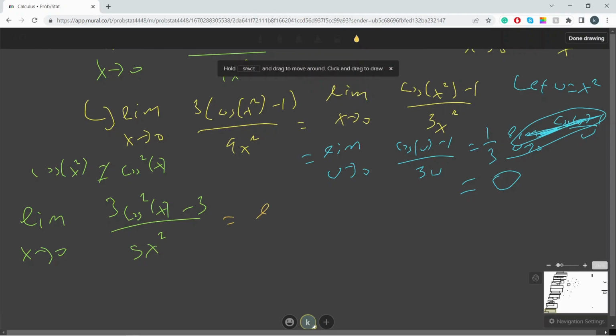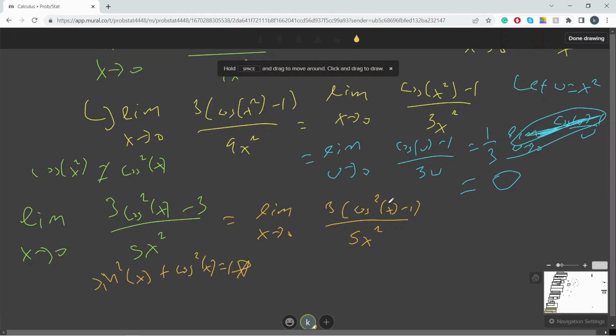Okay, so this is going to be the limit as x approaches 0 of 3 times cosine squared x minus 1 over 5x squared. And then you're going to see here, what is cosine squared x minus 1? Well, if you remember from the unit circle video, we know that sine squared x plus cosine squared x equals 1.